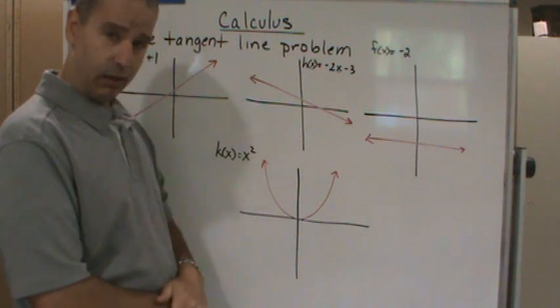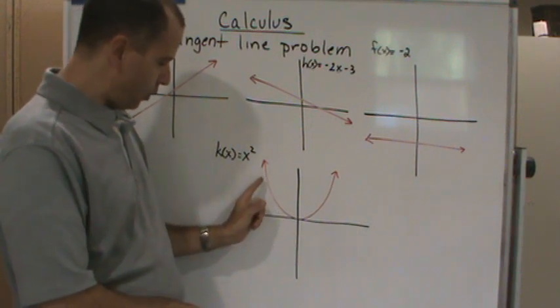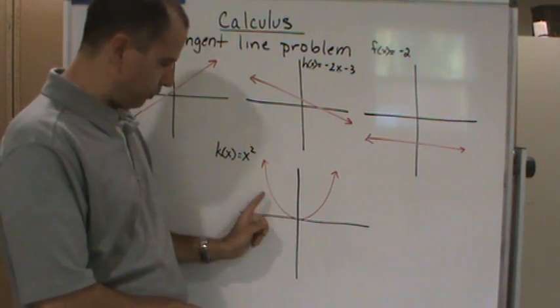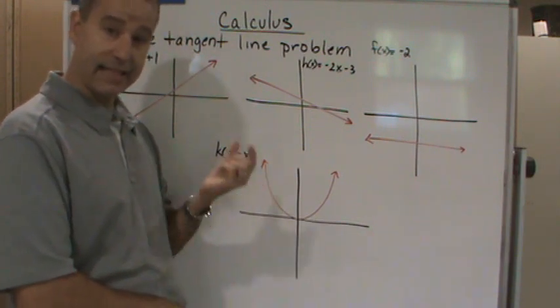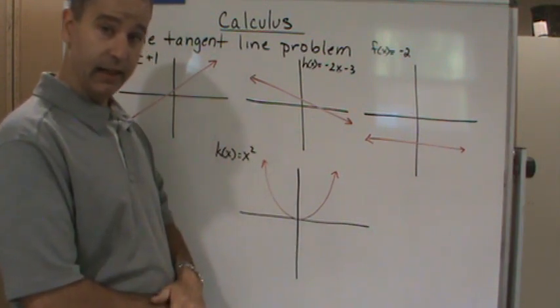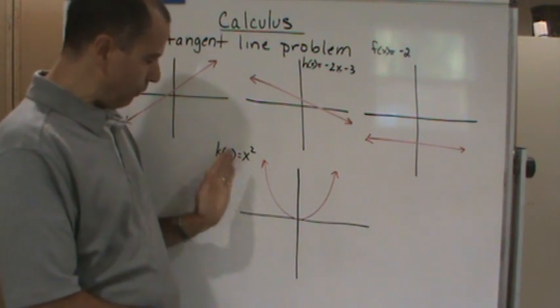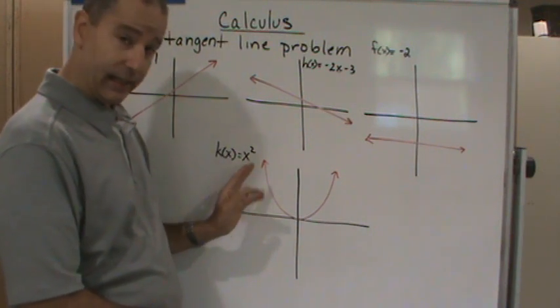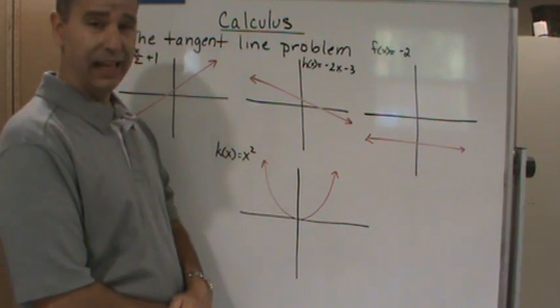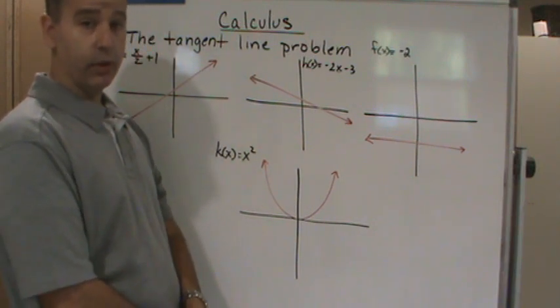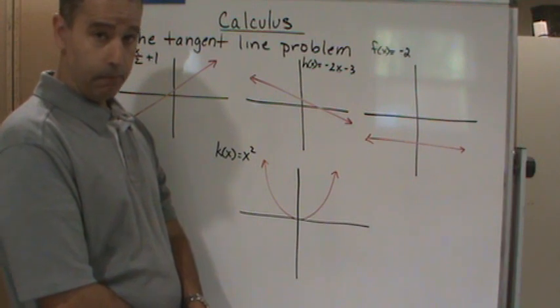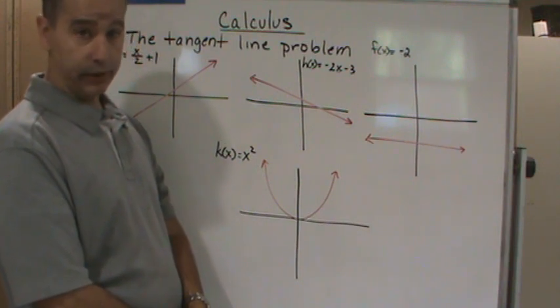I can't do that here, okay? Because wherever I pick 2 points, the slope of that line, that secant line, is going to be different. So if I want to know what the slope of the line is at a particular point, I can't do that with the tools that I've learned up through pre-calculus.